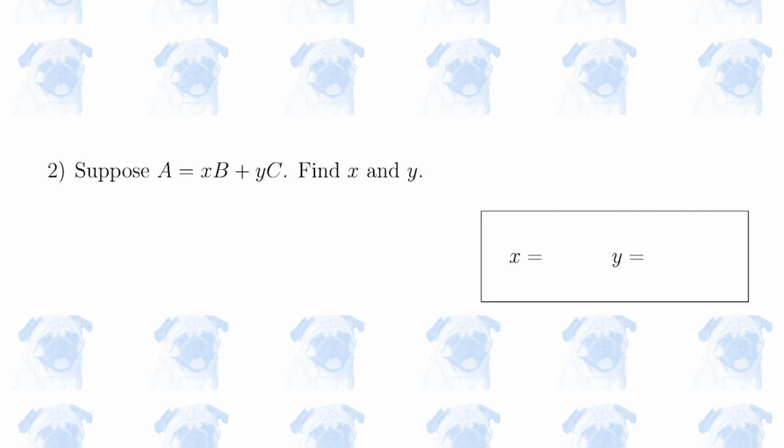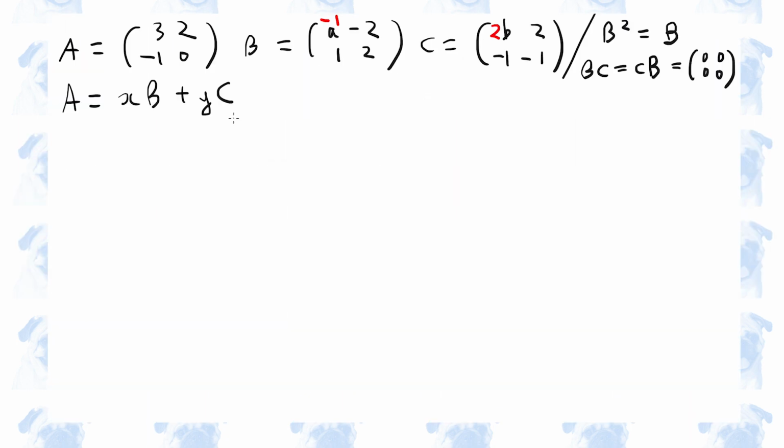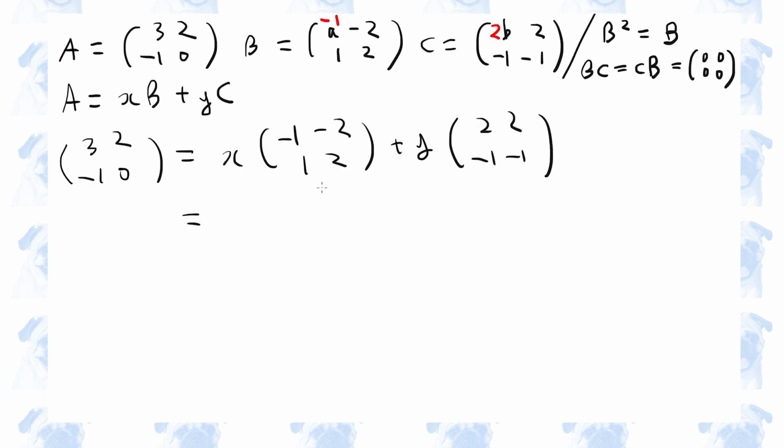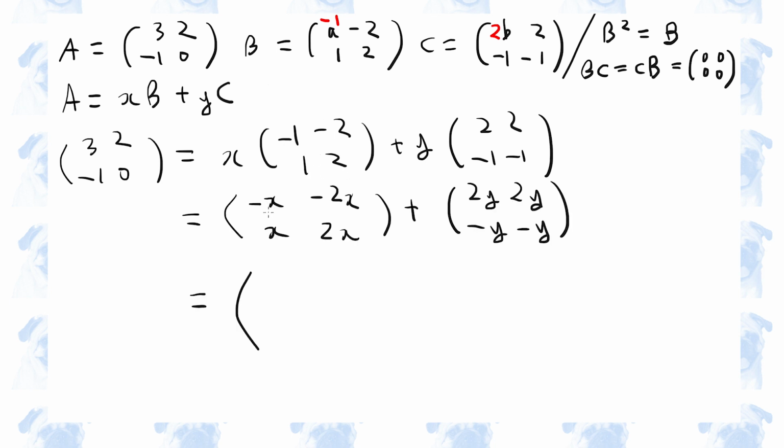Section 2, number 2. We are told that a is equal to x times b plus y times c. Now, because x and y are scalars, we can multiply each of these elements by x and y. Minus x plus 2y, minus 2x plus 2y, x plus minus y, 2x plus minus y.